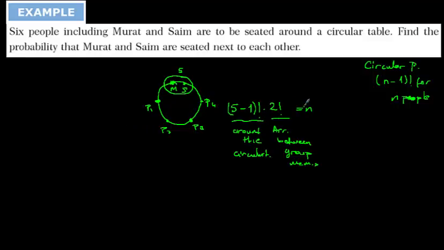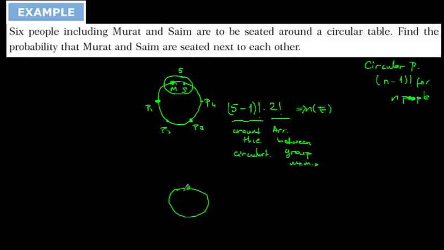This is the number of elements in the event. But for the probability, we also need to find the sample space. What is the sample space? Without the rule, 6 people, how many different ways can they sit around the circular table?